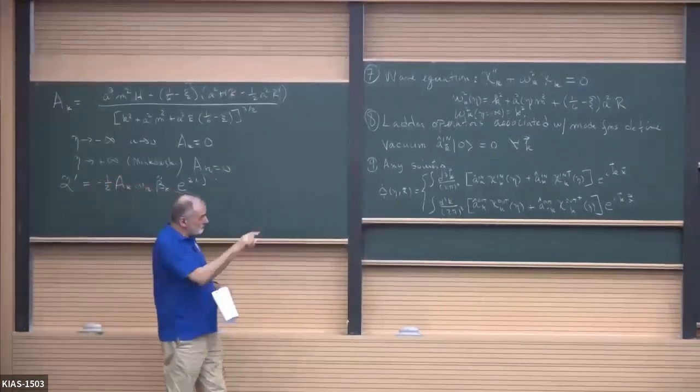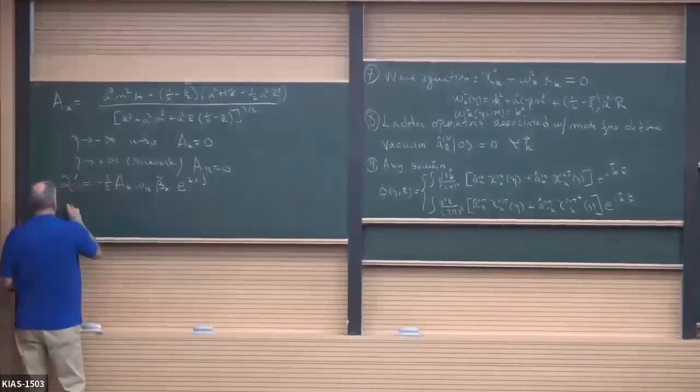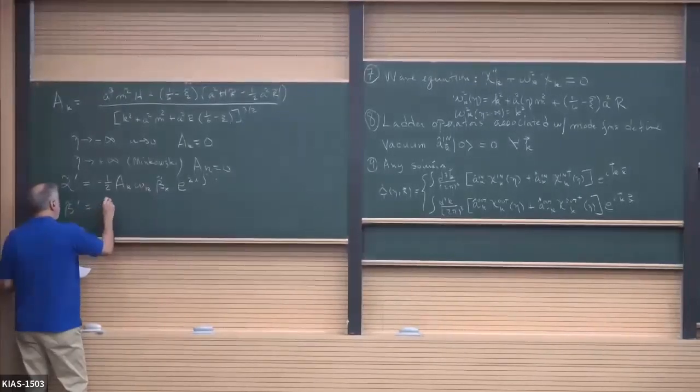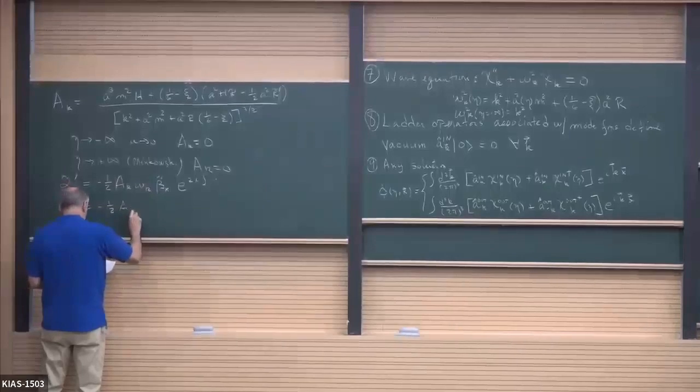That integral involving omega, and beta tilde prime is minus 1/2 a sub k.